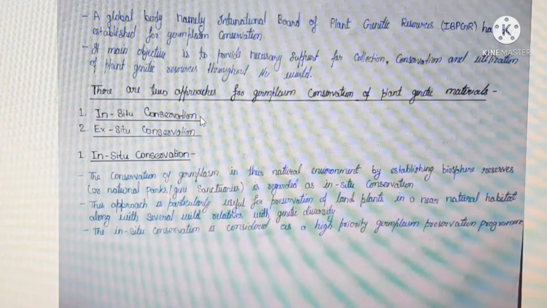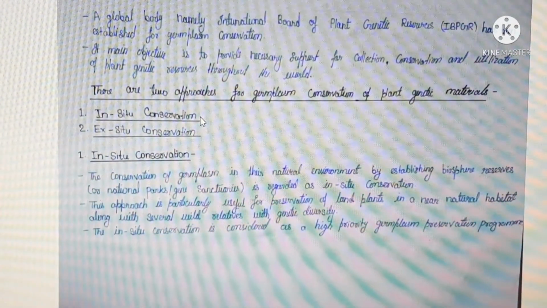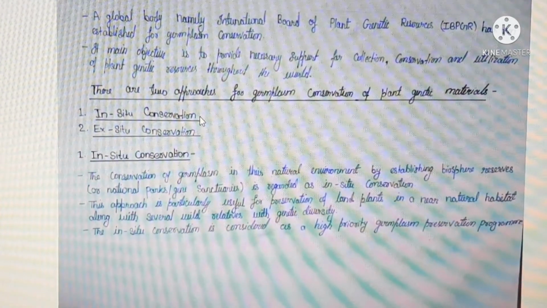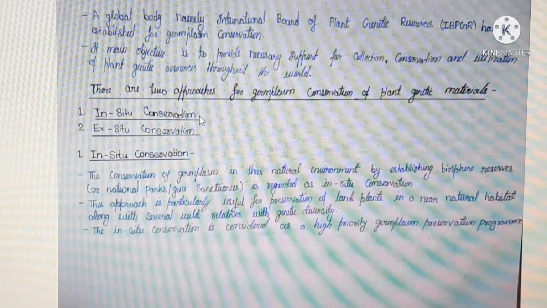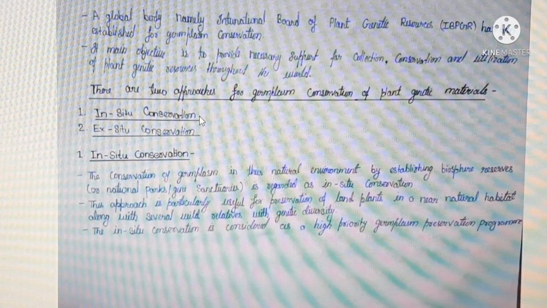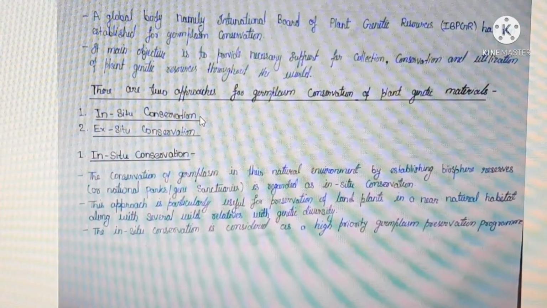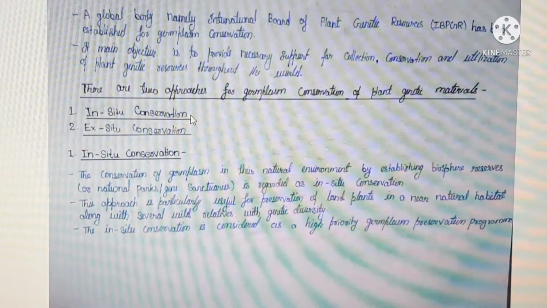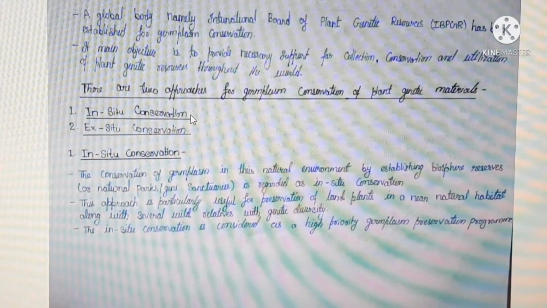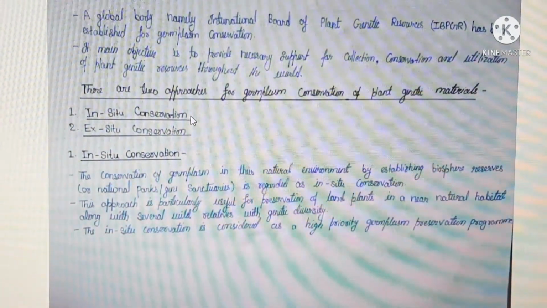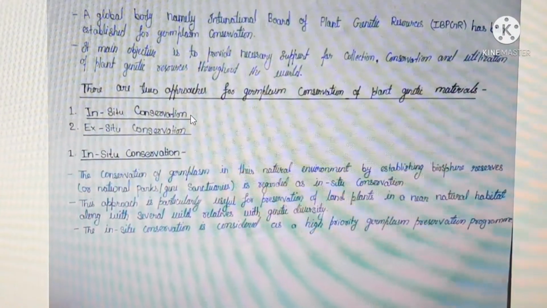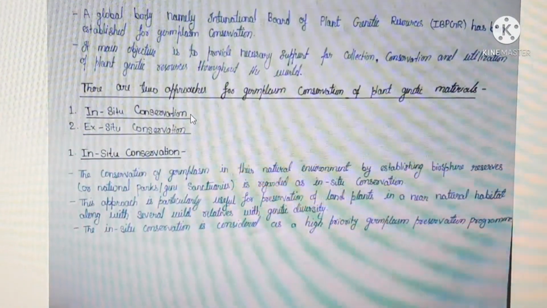This in situ approach is particularly useful for preservation of land plants in a natural habitat along with several wild relatives with genetic diversity. The most important point about in situ conservation is that it is considered a high priority germplasm conservation program.